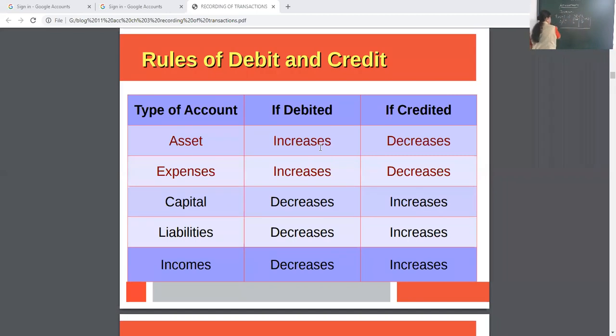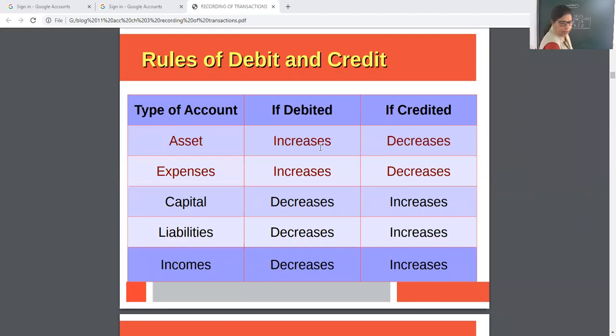So I am making a small table for you now. Okay. Now capital, liability, income: reverse it. Decrease, increase. If you don't understand this big table, you can come to this table, that is a smaller one.